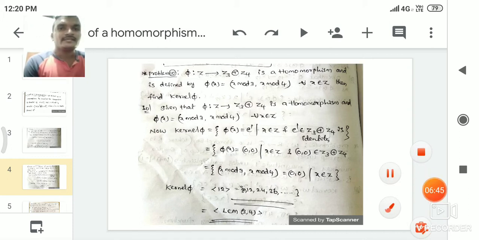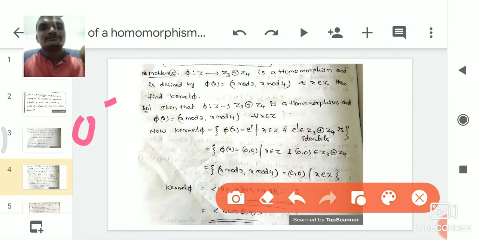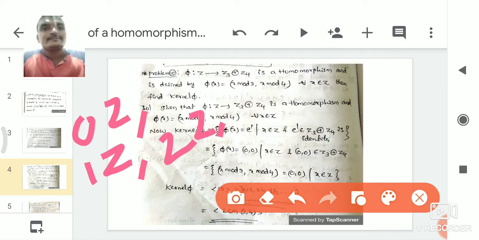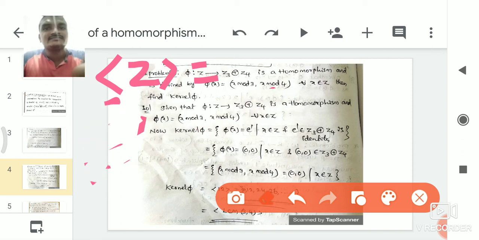Here the domain set Z is a group with respect to addition. Here kernel phi is equal to generator of 12. So generator of 12 with respect to addition means 0 into 12, 1 into 12, 2 into 12, 3 into 12 and so on.